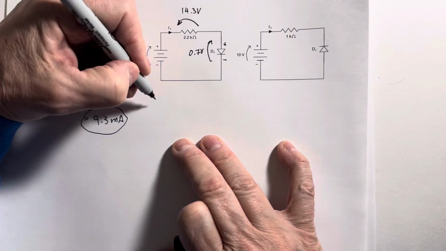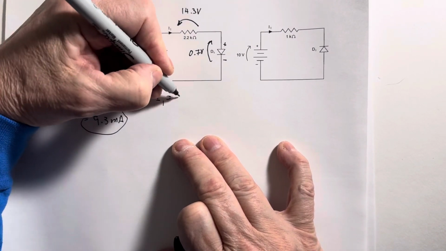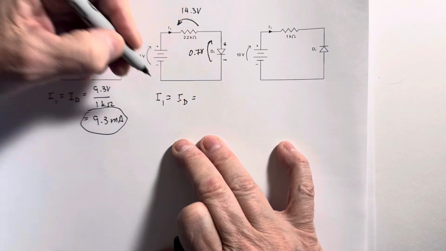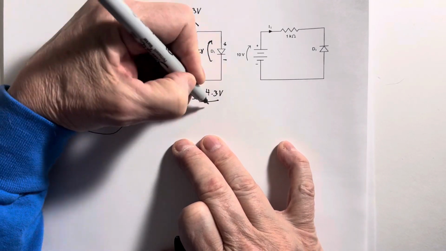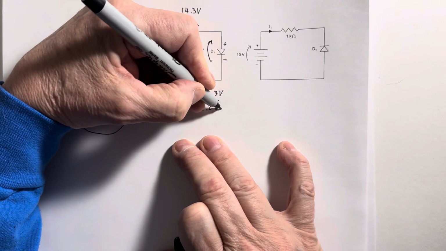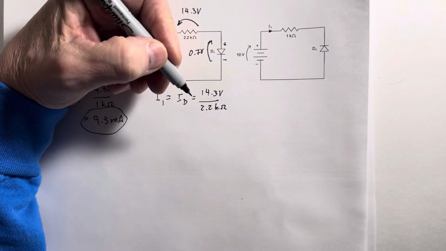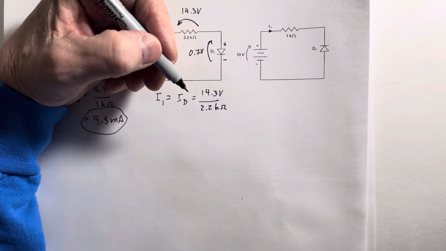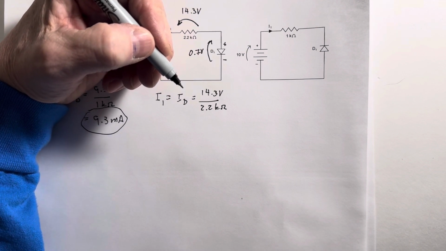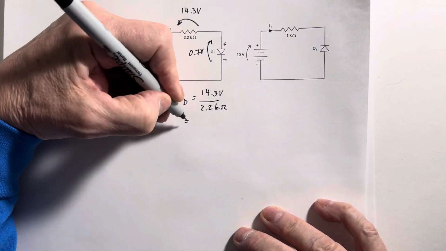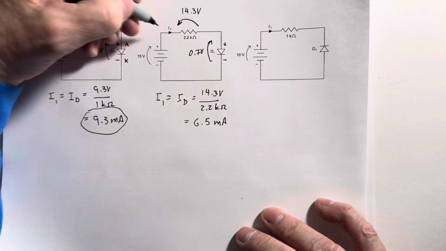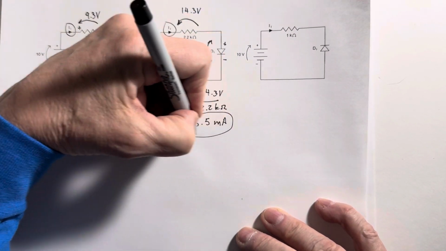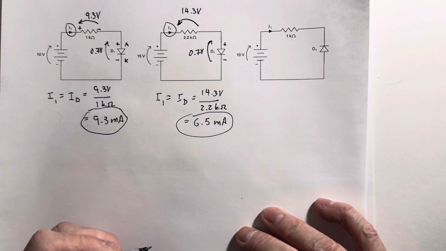The current, I1, which is the same as the diode current, is equal to 14.3 volts divided by 2.2 k ohms. And that is 14.3 divided by 2200, about 6.5 milliamps. So I1 is 6.5 milliamps.